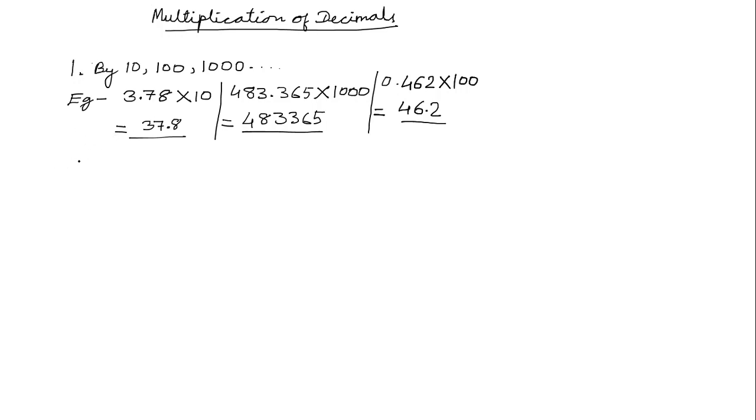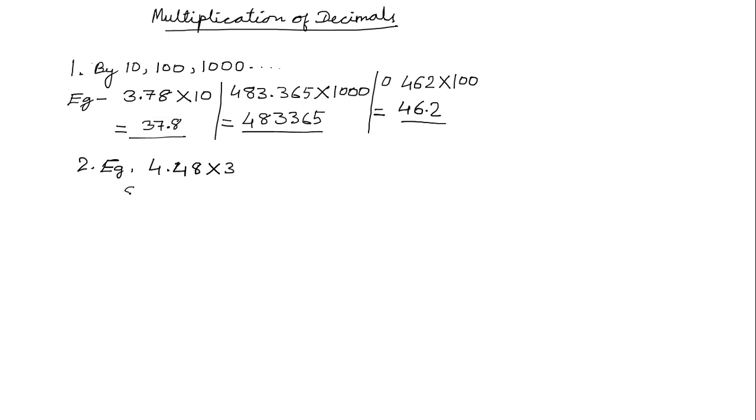Okay, second case, when we have to multiply a decimal number with a whole number. One example, suppose say 4.48 multiplied by 3.